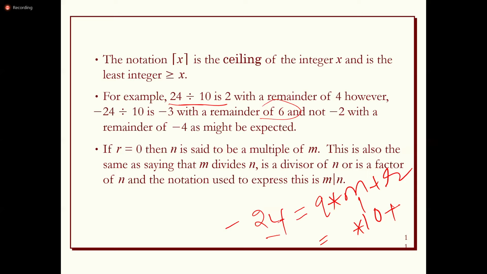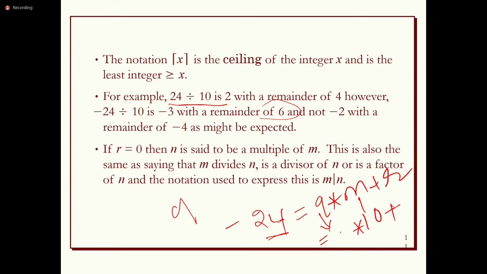Here n is minus 24, so we need to take a q value such that q times m is not greater than n, so that we get the remainder. Sometimes the remainder will be 0. For negative values, we need to choose a value which is less than this value.